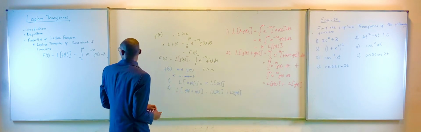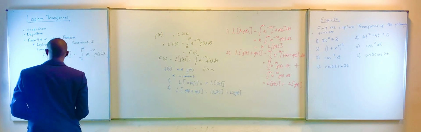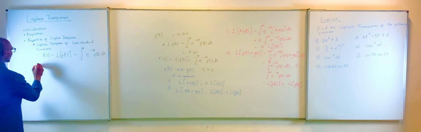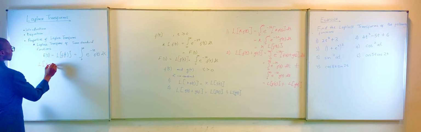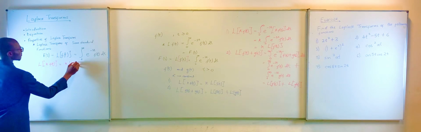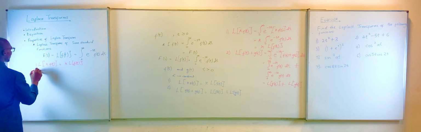So if we would write it down, we're saying we have the Laplace transform of k f of t being equal to k times the Laplace transform of f of t. So that's 1, 2.